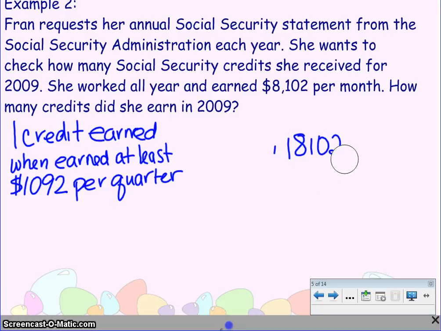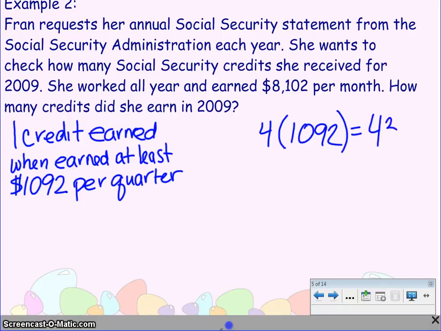Sorry, I'm doing this wrong. Let's back up a second. What we need to do is take 4 credits, which have to earn at least $1,092 each quarter, for a total minimum of $4,360.